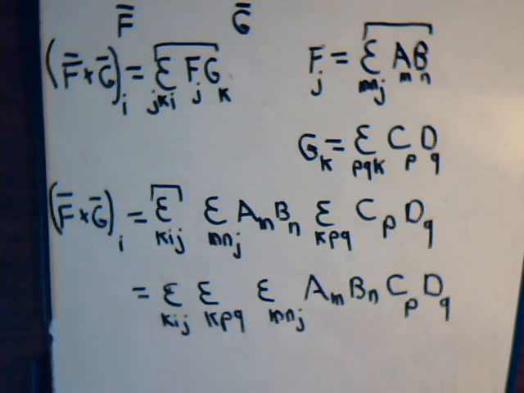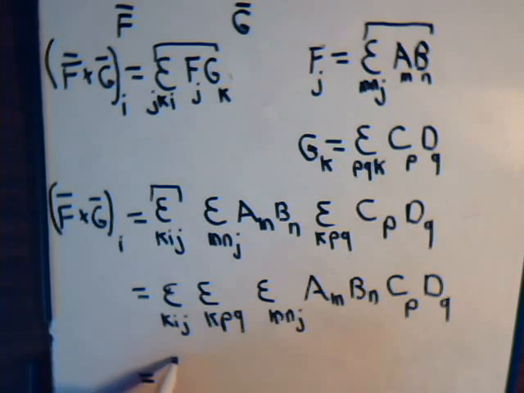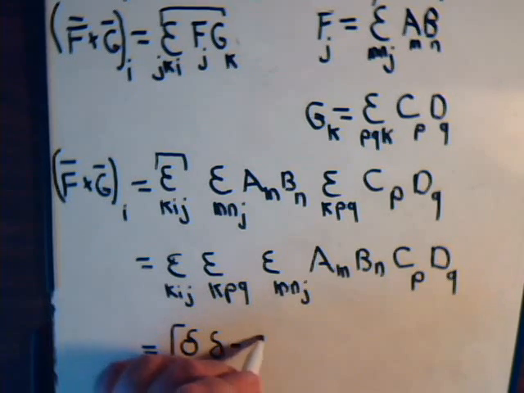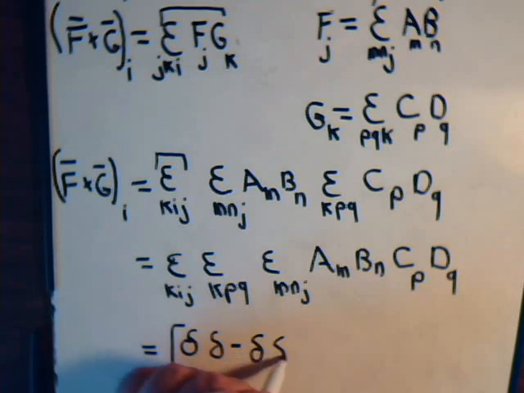Okay, now these two epsilons share the same first index. Now we can invoke our epsilon delta identity. And what will it be? Well, we know we're going to have two deltas, delta, delta, minus delta, delta.